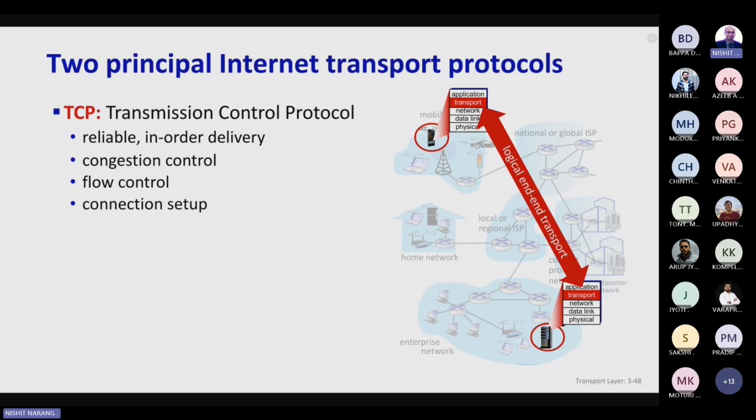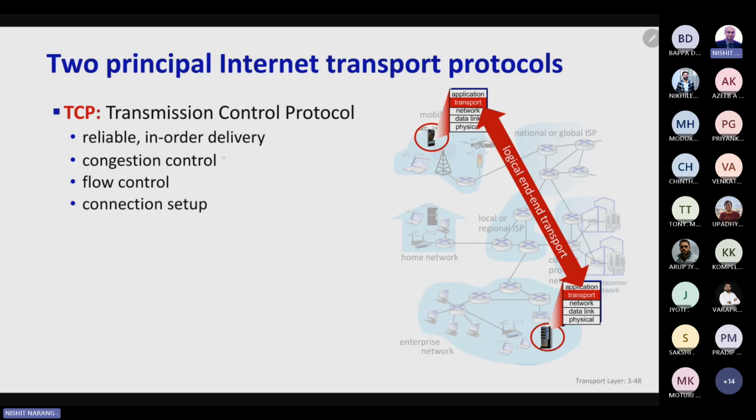And because network conditions may change and routes may change on the fly, it's possible that some of the later packets may reach earlier and some of the earlier packets transmitted from the sending node may reach the receiver later. So TCP plays the additional function of making sure that these packets are put back in order before they are delivered to the application.